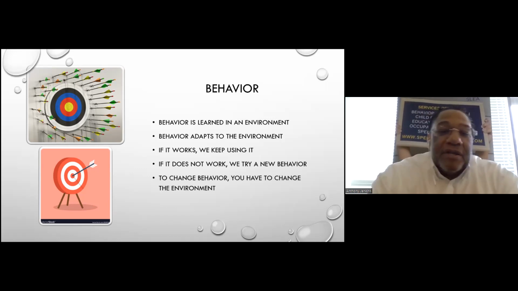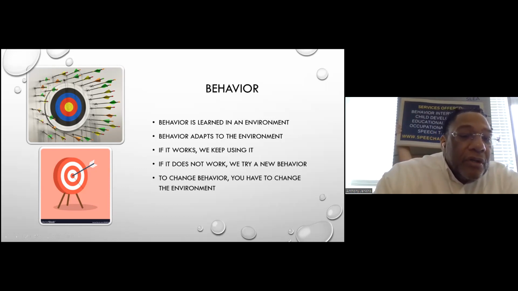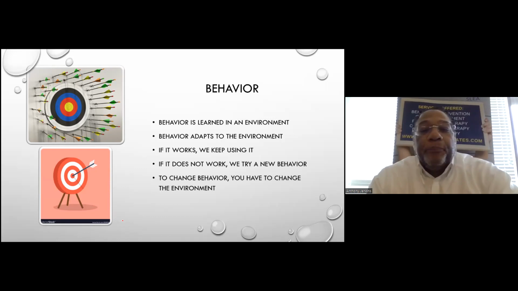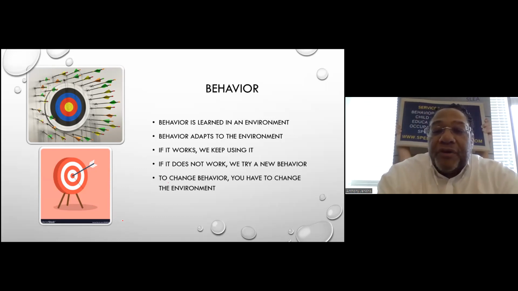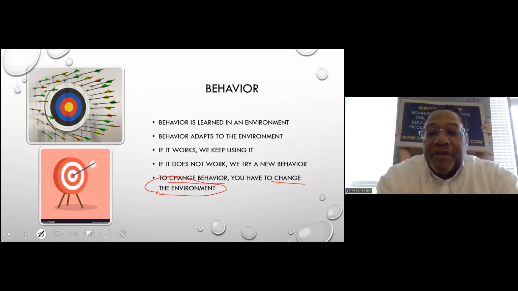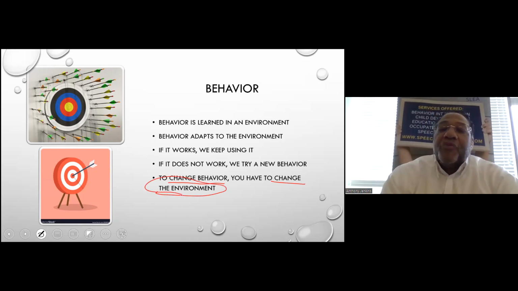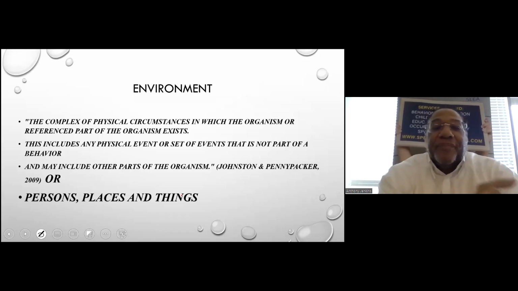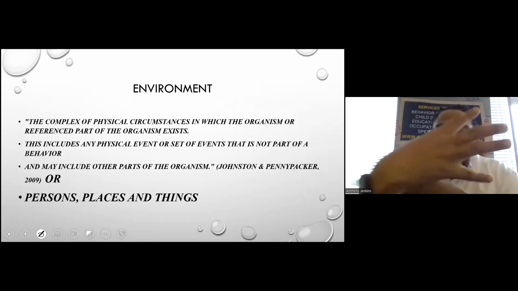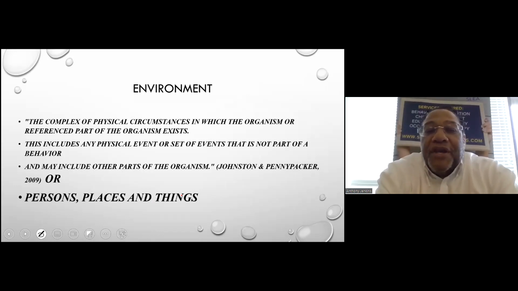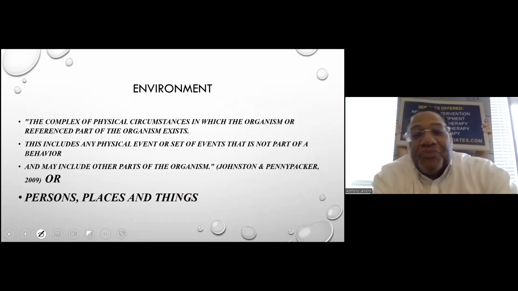Now, key to this, and I'll do a lot of drawing on this today, is that to change behavior, we have to change the environment. And I'm going to give you another one of these fancy definitions. When we talk about the environment, we're talking about the complex physical circumstances in which the organism or reference part of the organism exists.